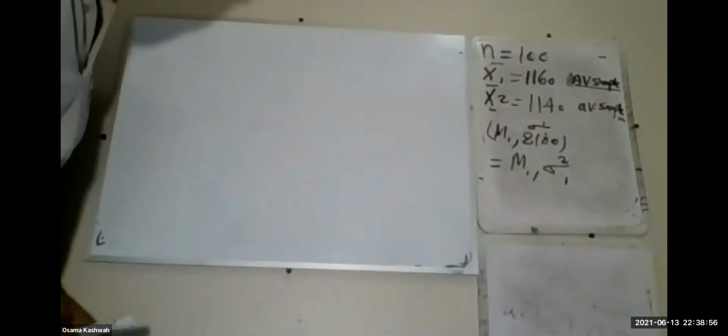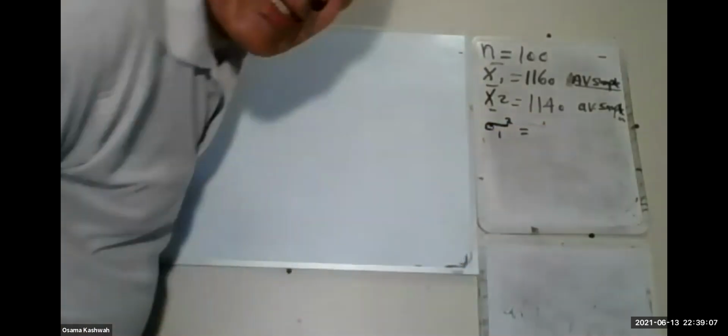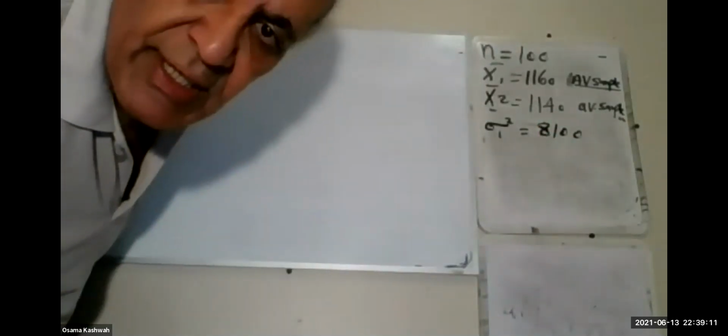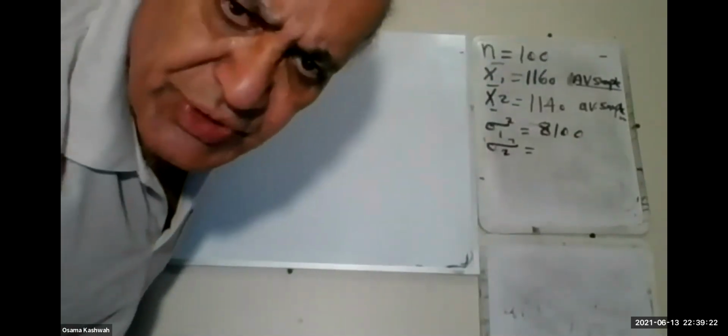So sigma 1 square will equal 8100. But wait a minute, this is for the population. So sigma 1 square will equal 8100, and sigma 2 square will equal 6,400.